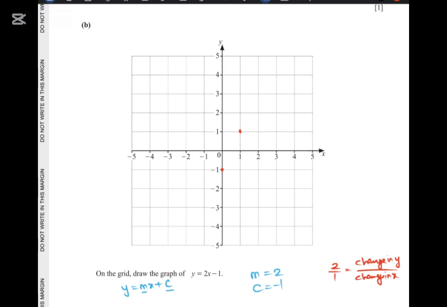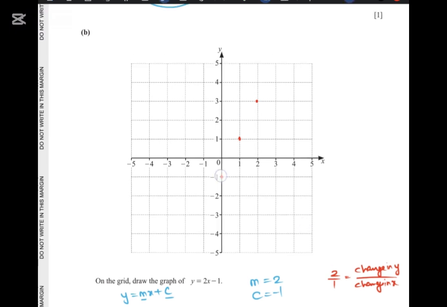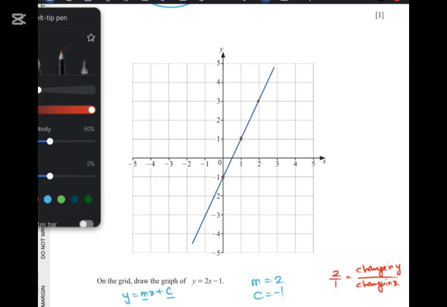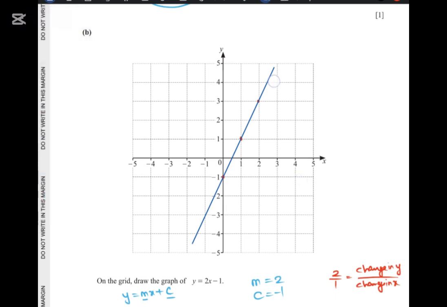You can do the same, go 2 boxes up, 1 box right. I think 3 points are more than enough. Now using your ruler, you can connect these points and extend the line. So this is the graph for y is equal to 2x minus 1. This is done.